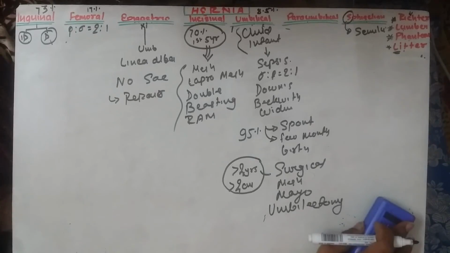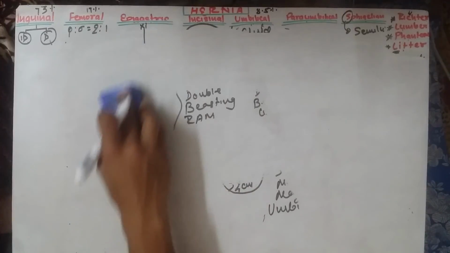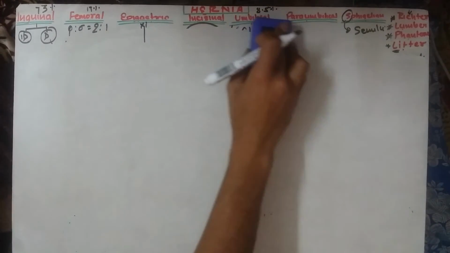Now very small topics or hernias remain, that is the para-umbilical, which can be either above or below the umbilicus.